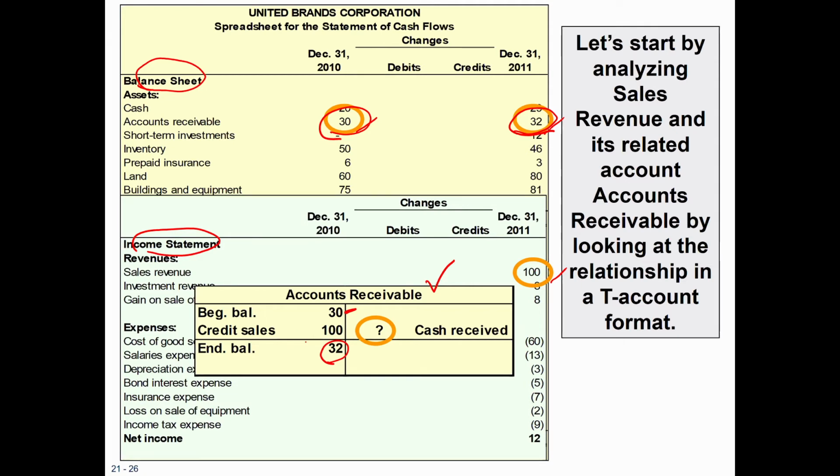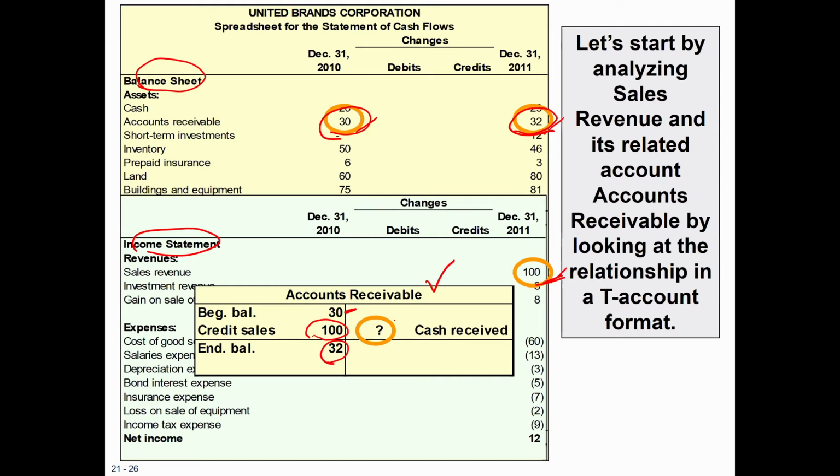So we debit a total of 100 to accounts receivable, because the sales revenue is 100. Each time we debit accounts receivable and credit sales revenue, so the total debit to accounts receivable should be 100.